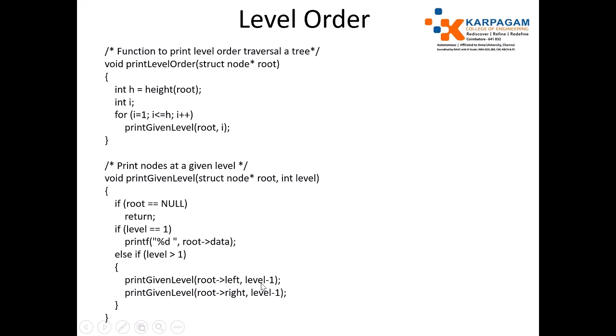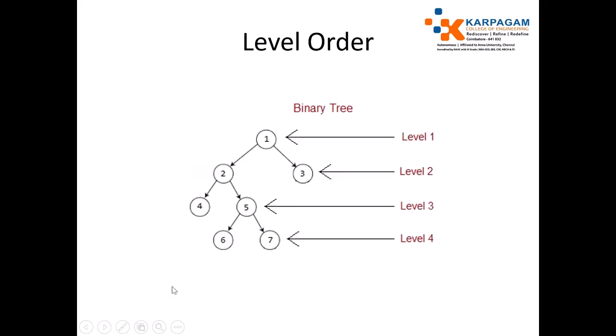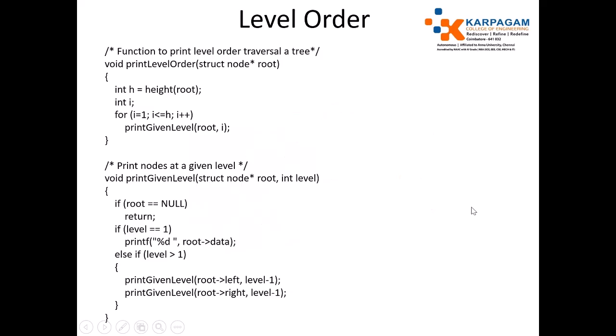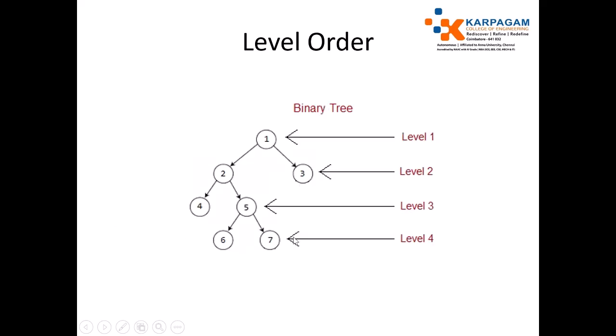Now level minus 1, 2 minus 1, 1 comes. Here also 1 comes. So for this print level function, the root node is the left subtree. For the second function, the root node is 3.